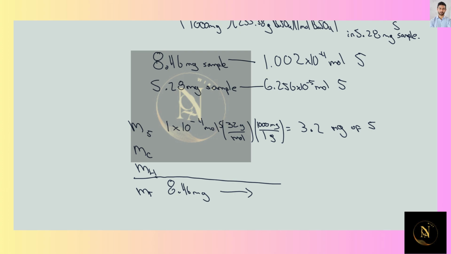In the case of carbon, let's round our value to 4 times 10 to the minus 4 mole of carbon. In this case, the atomic mass is 12 grams per mole. And we are going to have the same conversion factor to get the result in milligrams directly. So 4 times 10 to the minus 4 times 12 times 1000 is 4.8 milligrams.